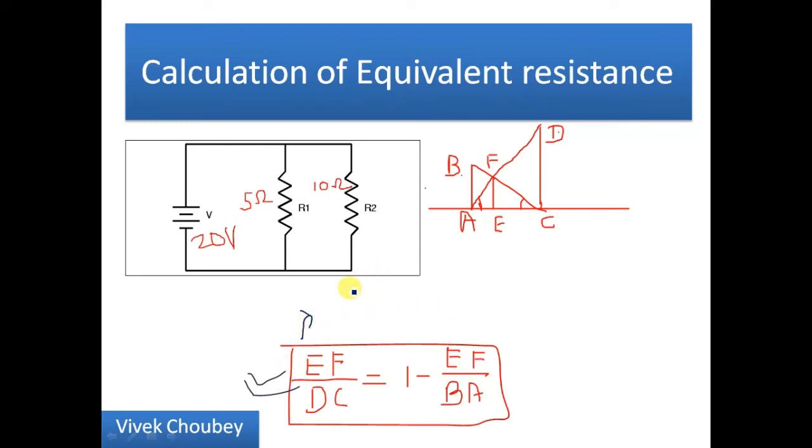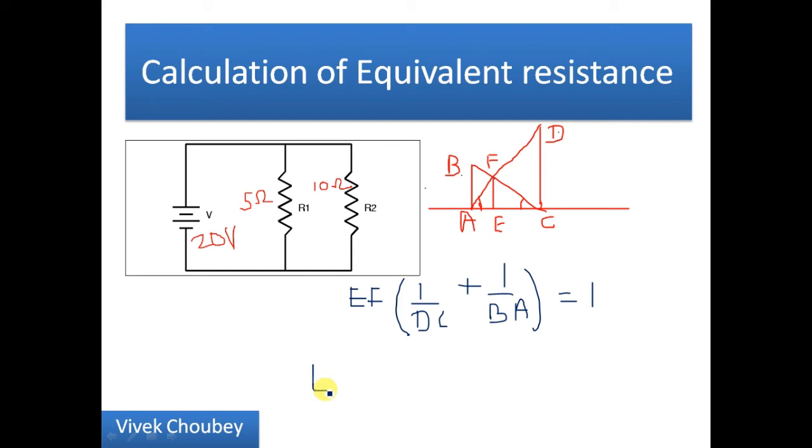We can say from here that if we bring this EF upon BA to the left hand side, we will have EF in common, so EF times (1 upon DC plus 1 upon BA) is equal to 1, right?